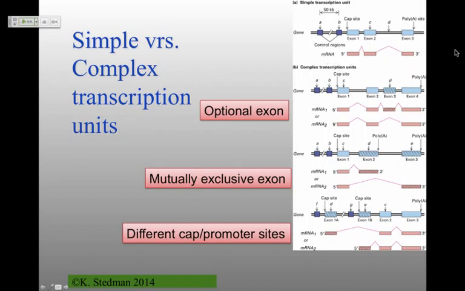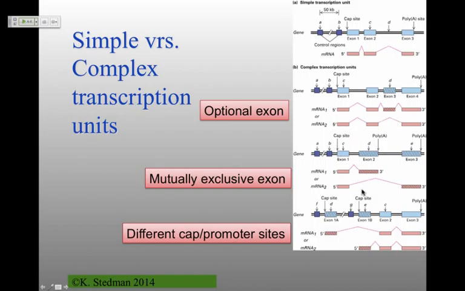You don't have much alternative splicing. Probably 60 to 80% of our genes actually have alternative splicing. And so that may explain why we're more complex than something like yeast. So here you can have some cases where you're going to include one exon, and some cases where you're not going to be including that particular exon.